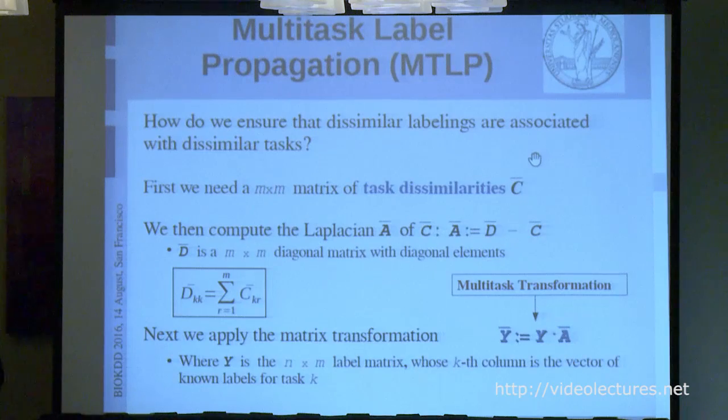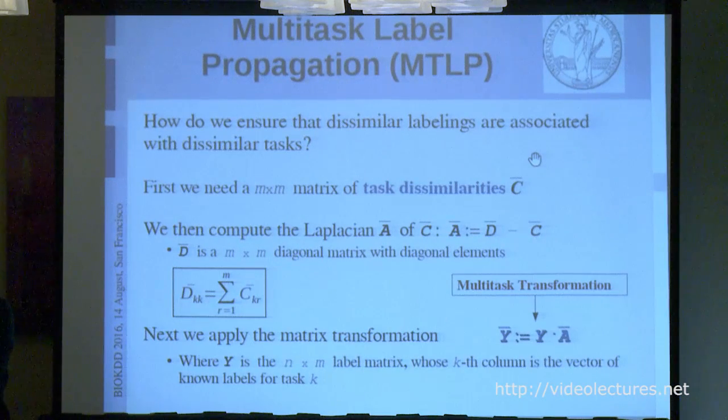Given for any couple of tasks a measure of dissimilarity, which is encoded in the matrix overline C, we compute the Laplacian of overline C, that we call overline A, and we apply this transformation.